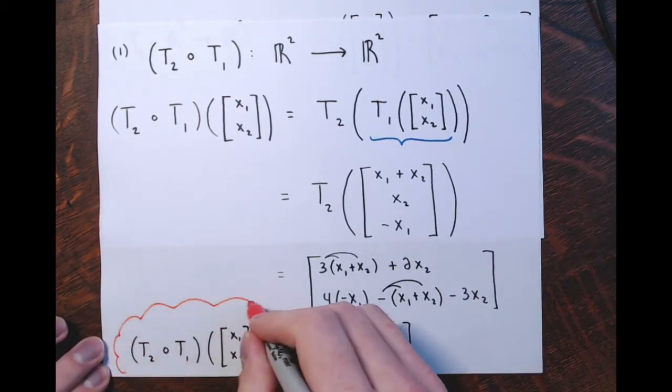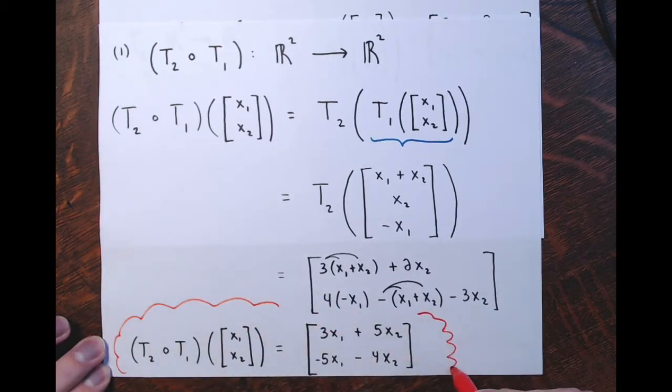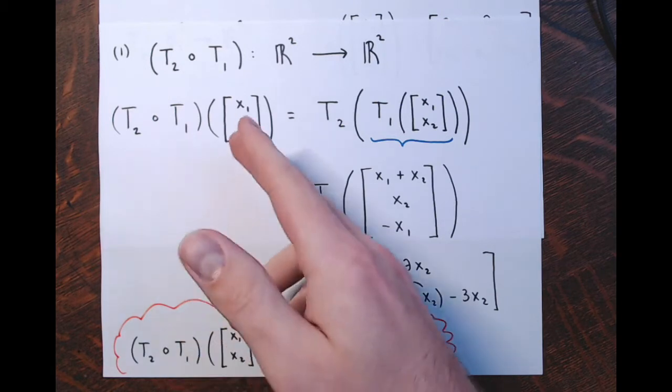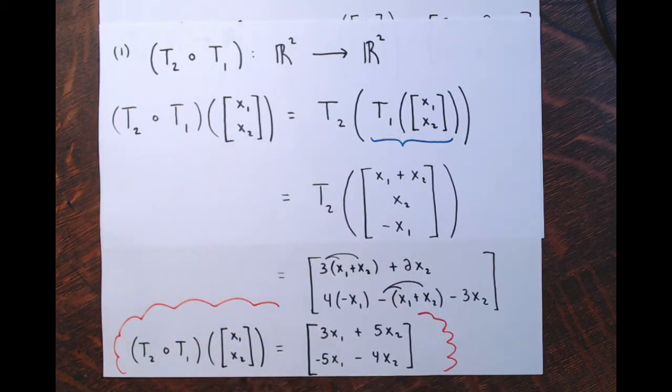And again, it's a linear transformation from R2 to R2, right? Input has 2 components, output has 2 components. Okay. And if you want to play around with it, try plugging in some vectors with some actual values and see if results match.